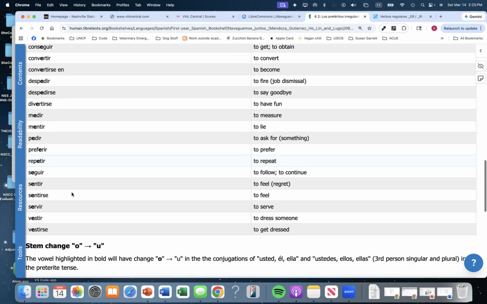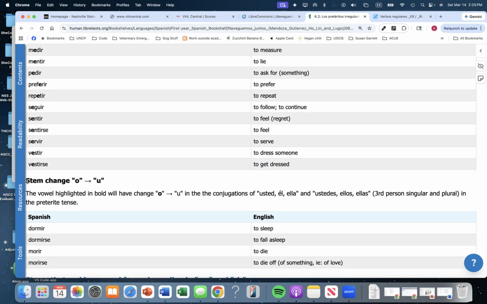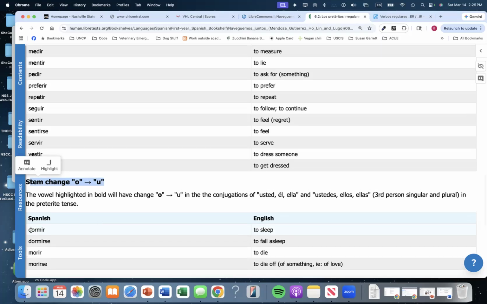All right. And then we have a few that will change the stem from O to U in the preterite. And they are dormir or dormirse, to fall asleep, and morir, to die, and morirse. Sí? So in the preterite, él, ella murió. Okay.